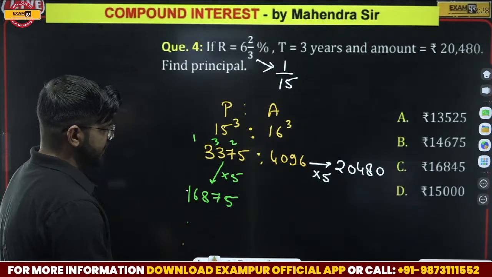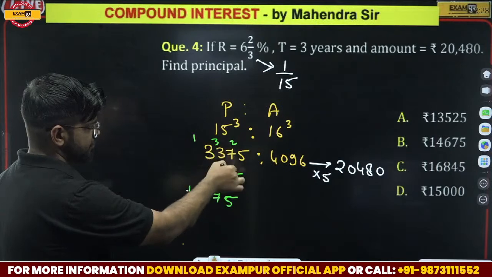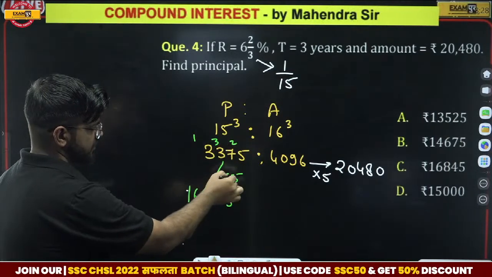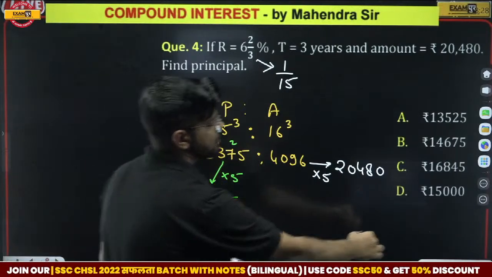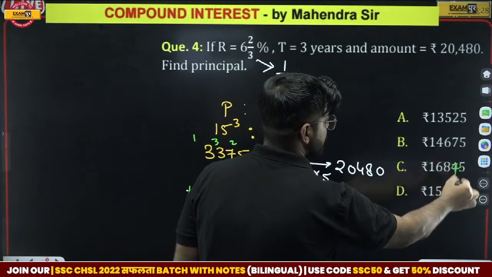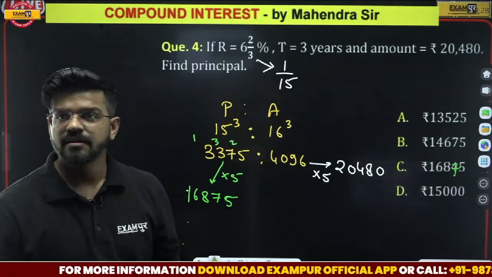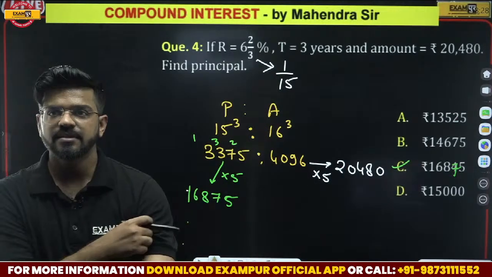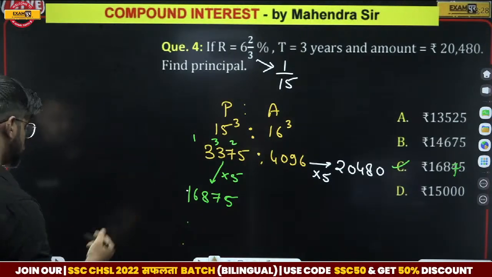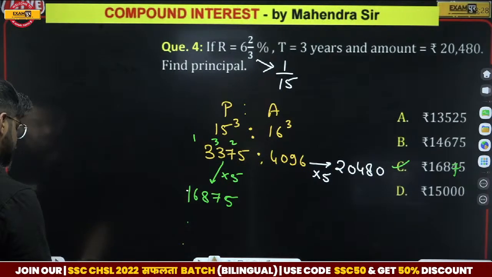I think something is wrong here. This should be 16, 8, 75, yeah, super. Option number C is my right answer. I think there is some typing mistake, no problem.